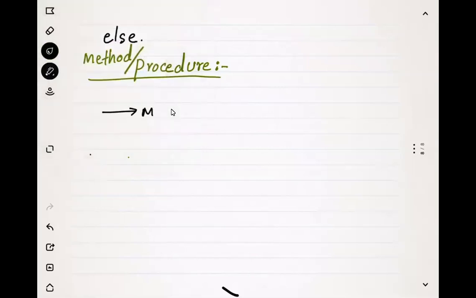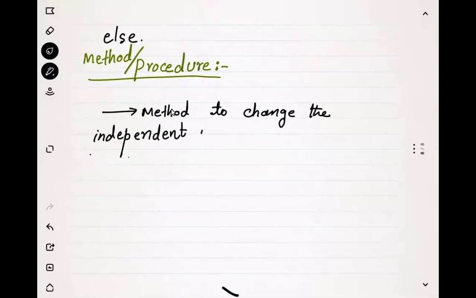Give method to change the independent variable, and you also have to mention the experimental arrangement. But the main point to be covered is: give method to change the independent variable. You have to tell, I will change my independent variable by this method.